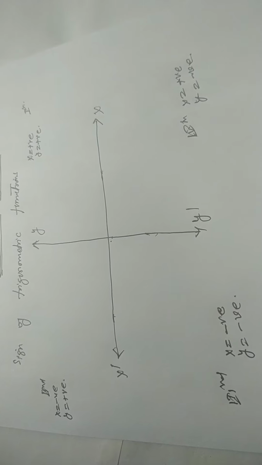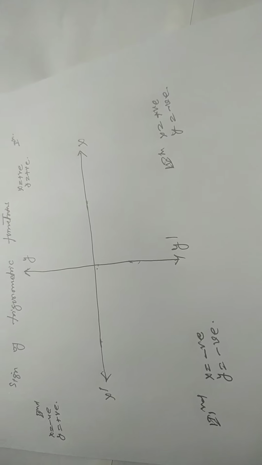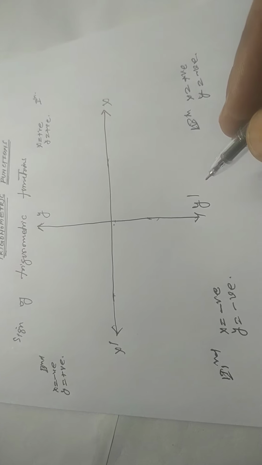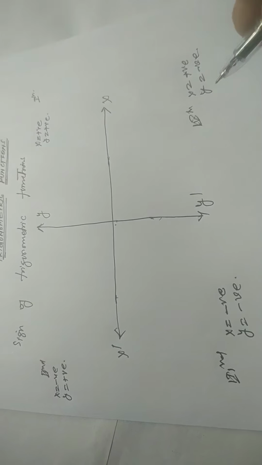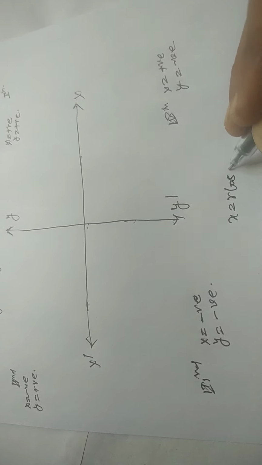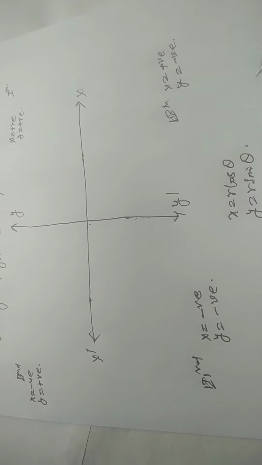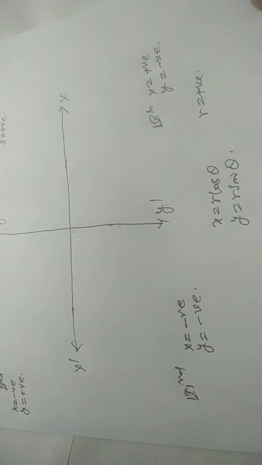Students, first listen. We have already discussed x and y in the unit circle and r radius circle. x is equal to r cos theta and y is equal to r sin theta. We know that r is positive.